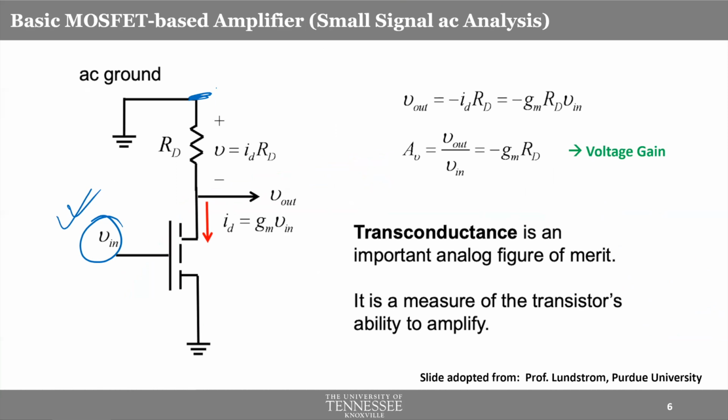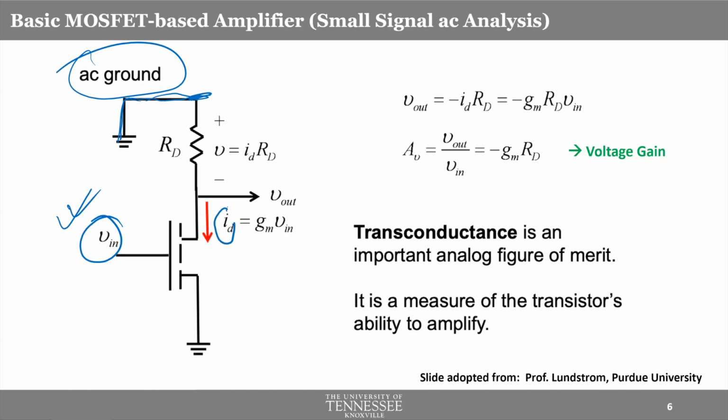We will only care about the components that will actually change. So we will replace all of these DC components with an AC ground. This is not really ground, but for the AC analysis, it is as if it is ground. It's not changing at all. We will just replace all of these DC voltages with ground. Now the circuit is simpler to analyze.